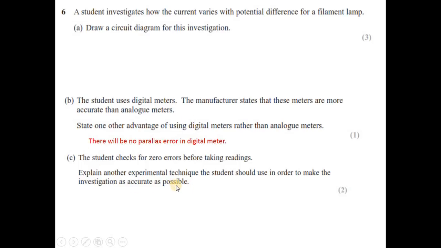Whenever you are asked to find a technique to improve your reading, and they are not talking about any other technique, then you can say that the student should repeat the readings and use the mean value to get a more accurate value or to reduce random error. So you can say that the student should repeat the readings and use the mean value.